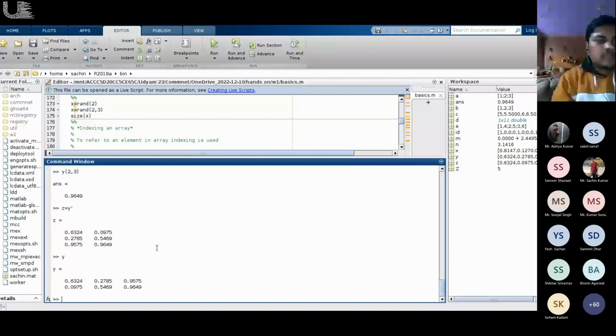Please repeat. 2 cross 3. So can we multiply z into y? Can we implement z into y? हाँ हो सकता है. हाँ तो हम लोग कर सकते हैं, राइट. मैट्रिक्स मल्टीप्लिकेशन पॉसिबल है ना z y में? हाँ भैया. हाँ पॉसिबल है.